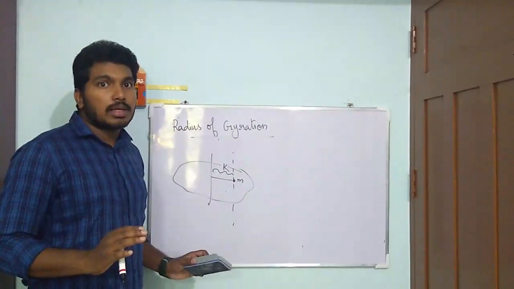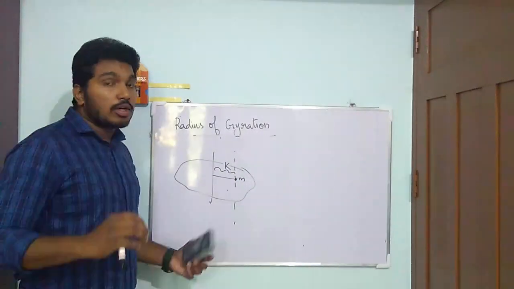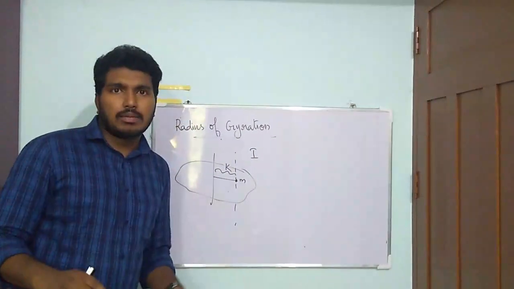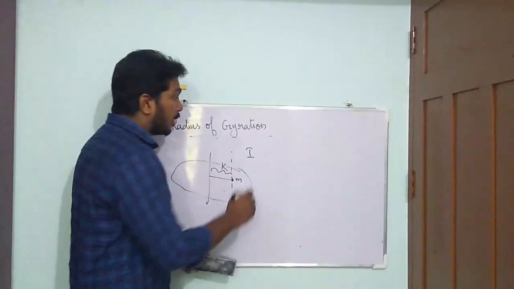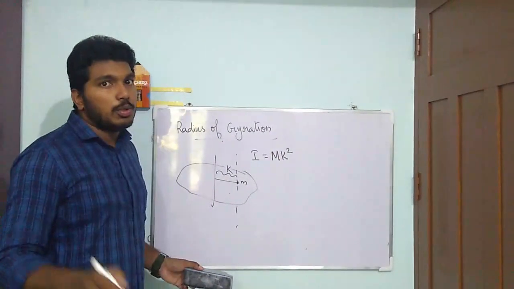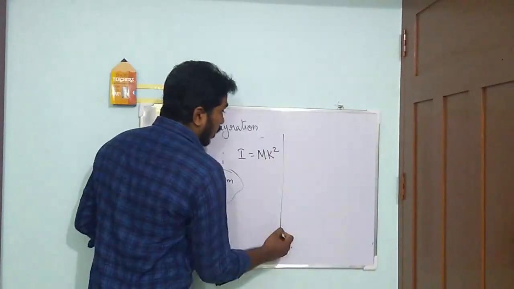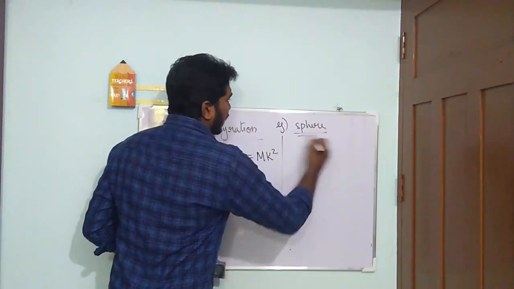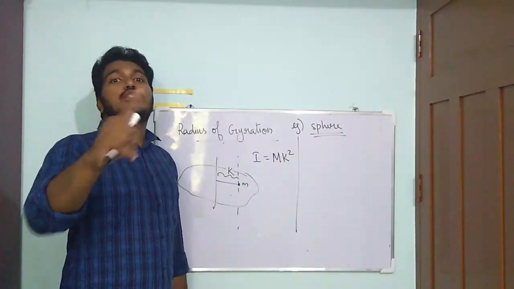From a theoretical point of view, the only thing you have to remember is that for whichever body we are taking, maybe a sphere, a cylinder, a ring, I is equal to MK square. So suppose you are asked to find out the radius of gyration of a sphere. I already told you, if they mention sphere, they are referring to a solid sphere.